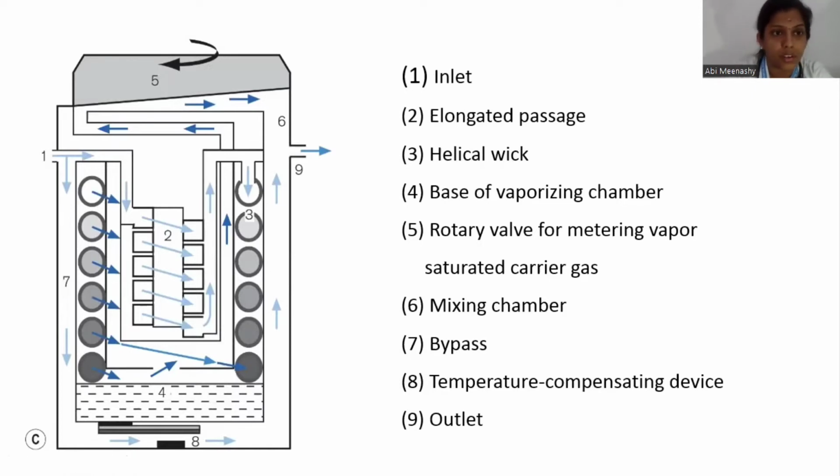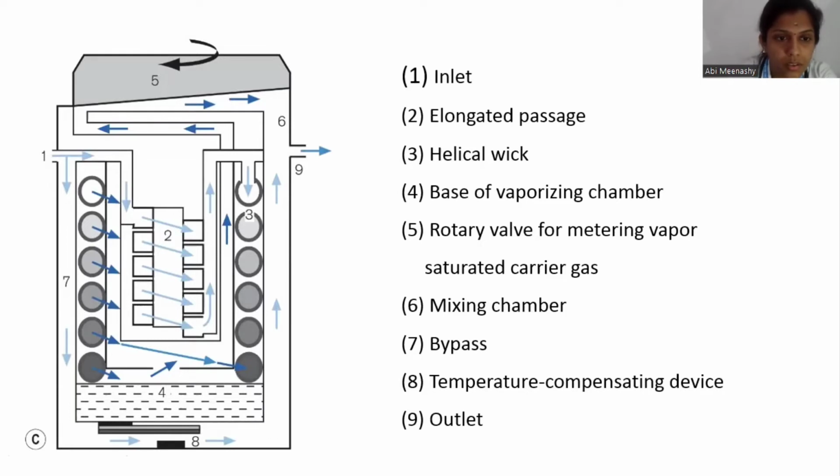This is your vaporizing chamber. Here this 4 is your inhalational agent. Fresh gas flow can come into the bypass chamber or go inside the vaporizing chamber. In the vaporizing chamber, this is how you elongate the passage in order to increase the surface area of contact.